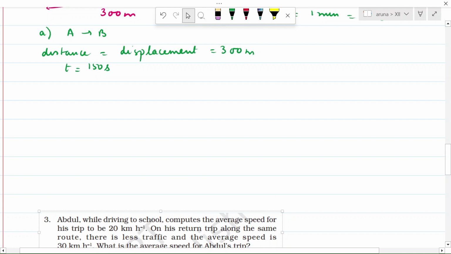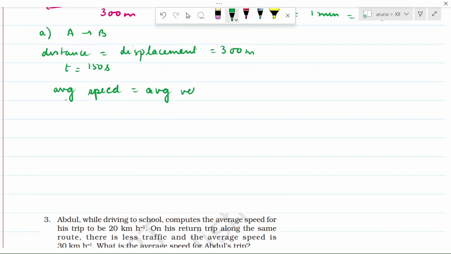So now the average speed and average velocities will be same since it's the same straight line path. 300 upon 150, which is 2 meter per second.